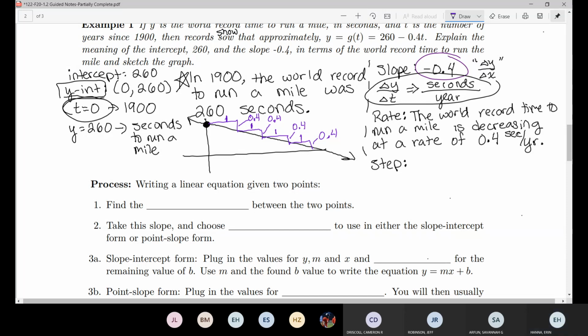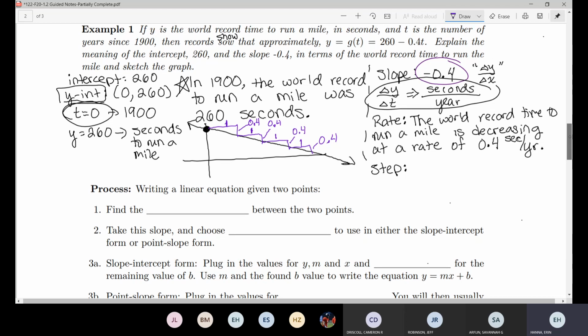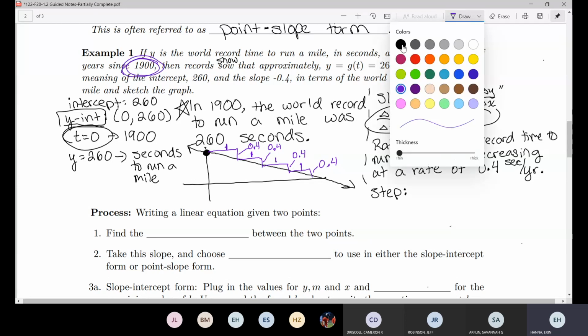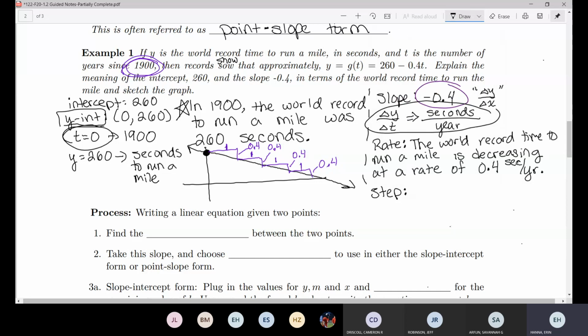So how we're going to do that is I also need to take into consideration kind of where the t values are going to be starting here. And since it's years since 1900, I'm going to bring that in to play as well. I kind of have to have a starting point.